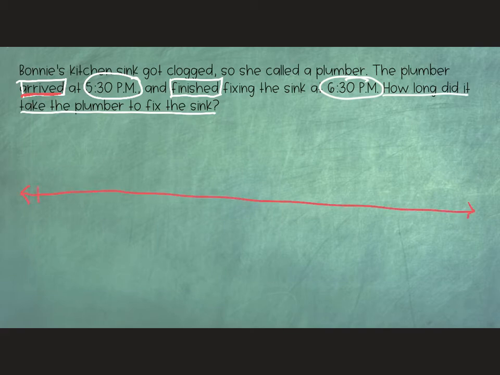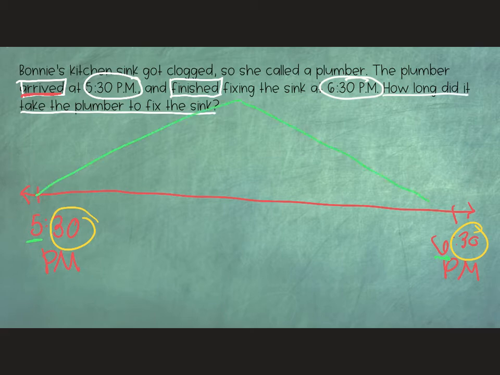They can't start fixing before they arrive. So 5:30 p.m. is when they arrived, and they finished at 6:30 p.m. Now look at this. Both of our times end in 30. So that means that we just have to worry about how many hours, right? And so to get from 5 to 6, we add 1. So it's 1 hour because we went from 5:30 to 6:30.